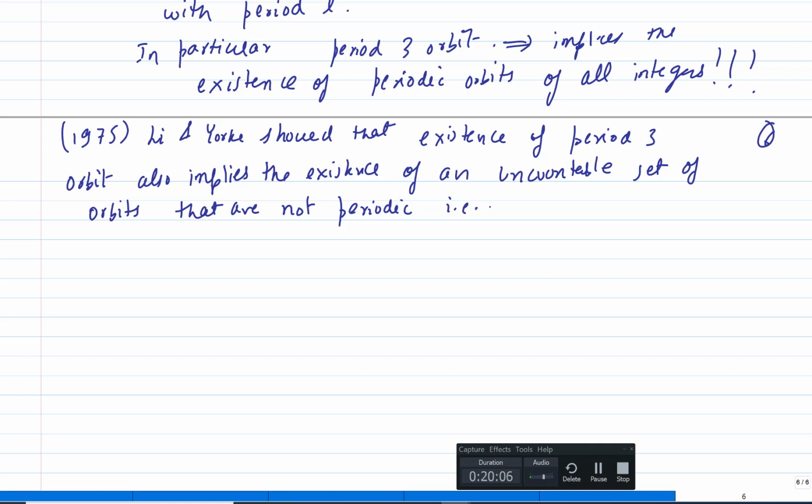That is, they never settle on a periodic orbit.